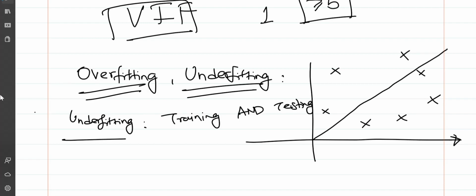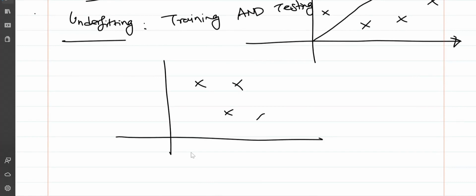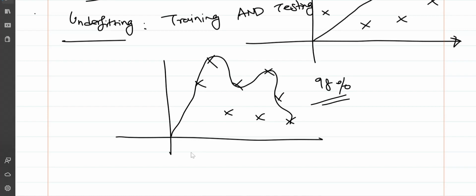Now, the other concept, overfitting, occurs when your model fits the training data extremely well. Suppose there is a model where almost 98% of the training data is fit perfectly, but your model performs horribly when you apply test data to it.